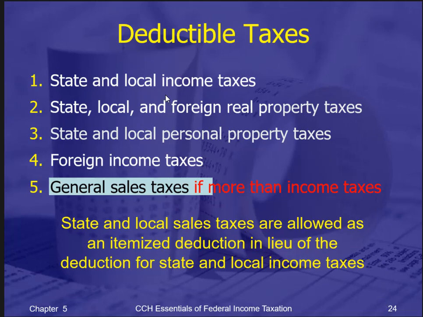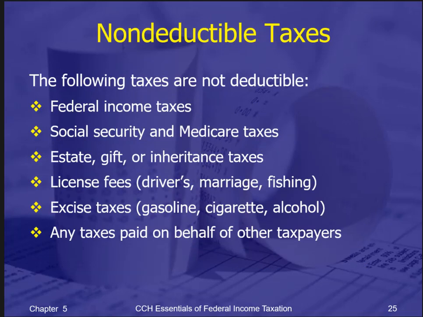In Pennsylvania, this is almost always not the case. Unless you bought a really large asset that had sales tax, your state and local income taxes are going to be higher because our sales tax rate is not that high, and it's also not on clothing or food, so it doesn't end up being that much in total.